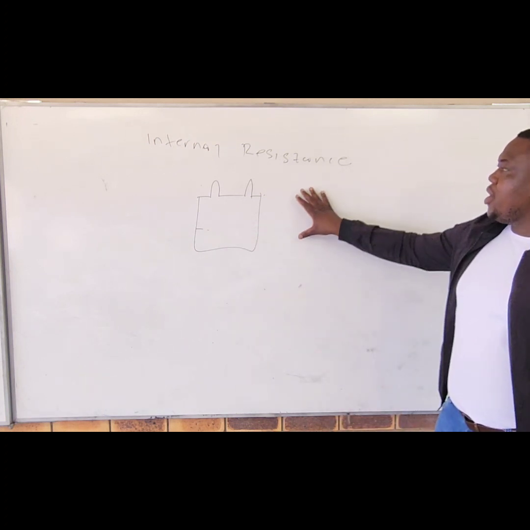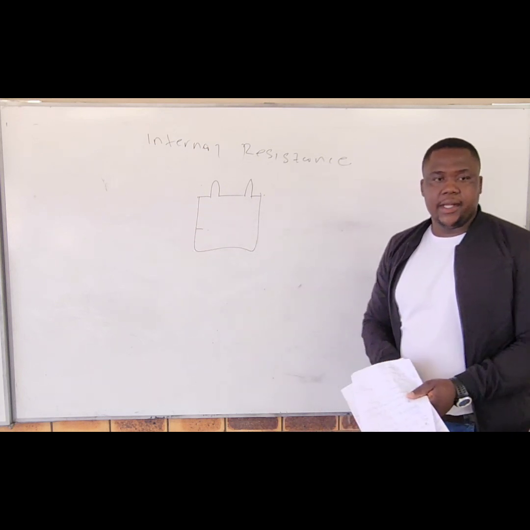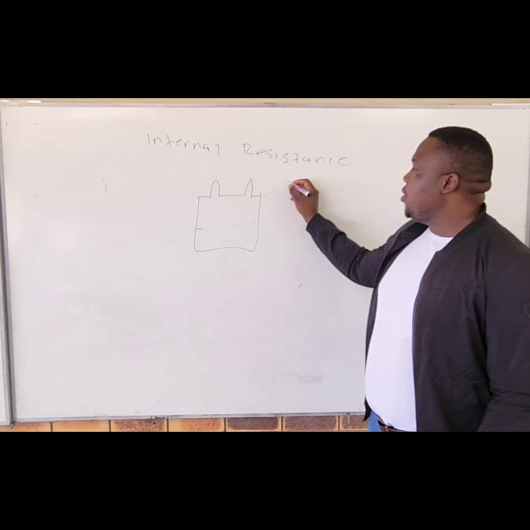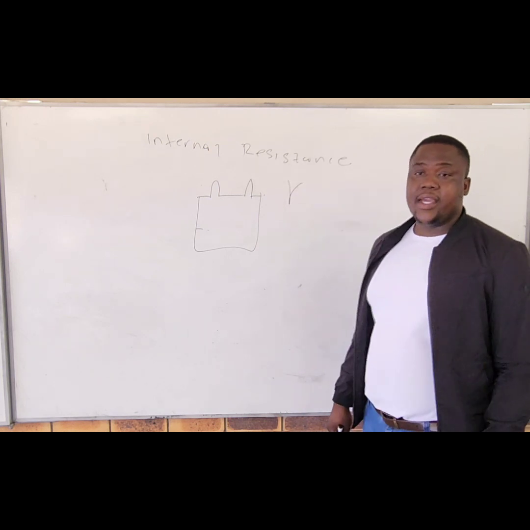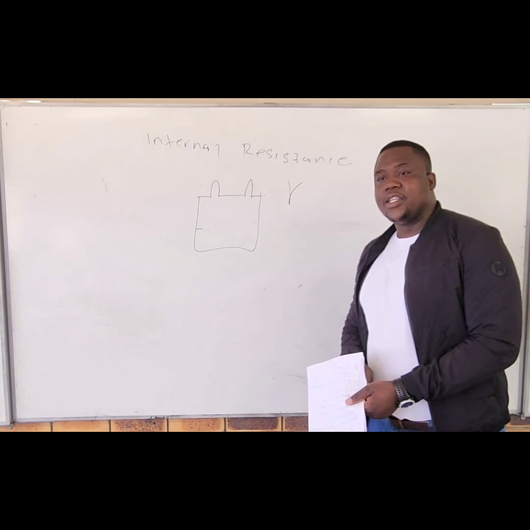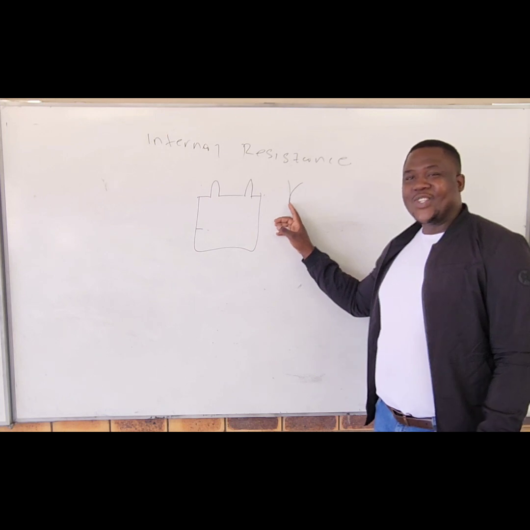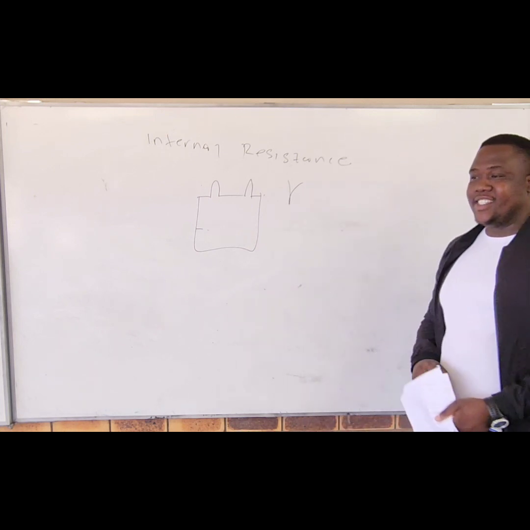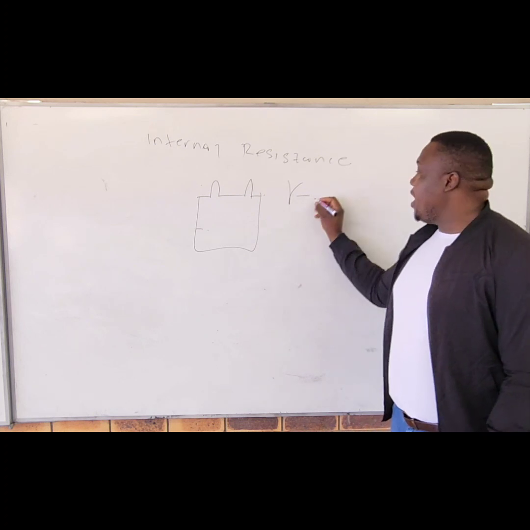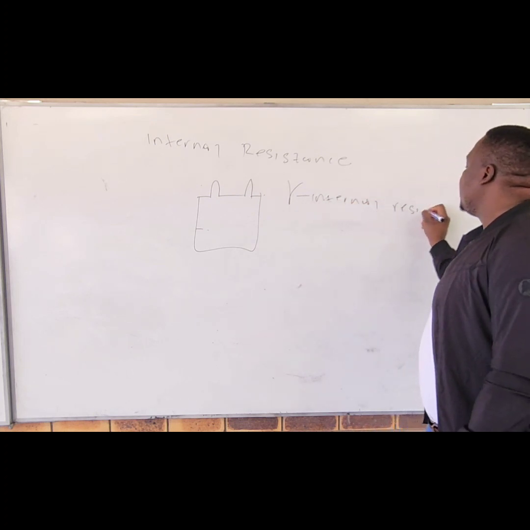Okay, we're going to talk about this information in detail. For you to understand the language, we use a lowercase r. Since English is not our home language, we call it a small r. The lowercase r represents internal resistance.